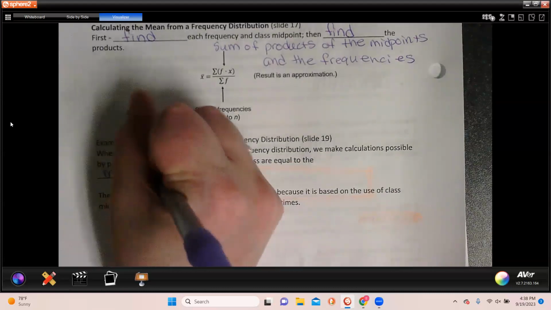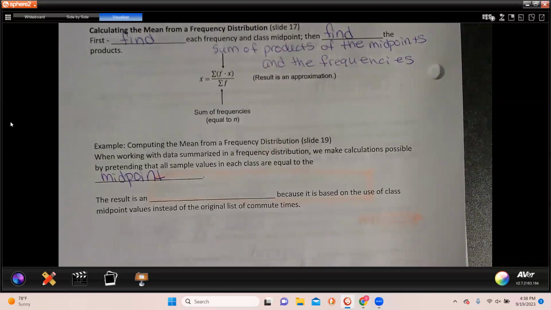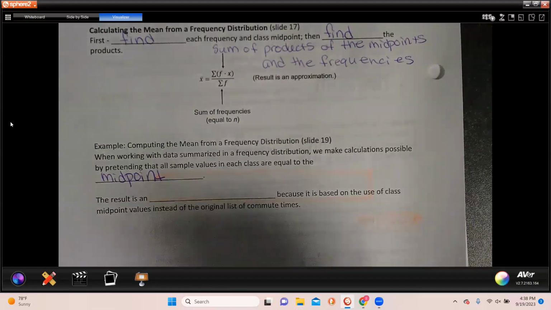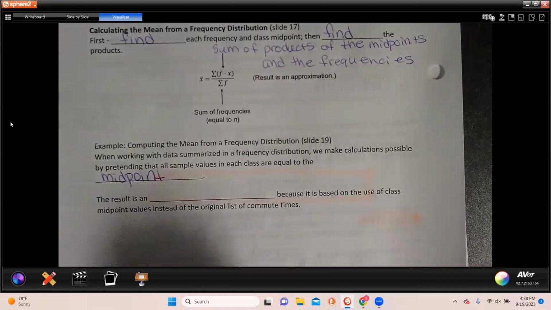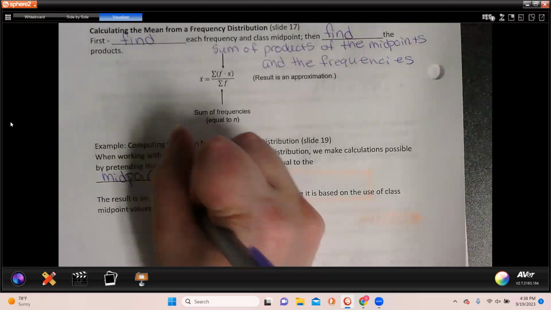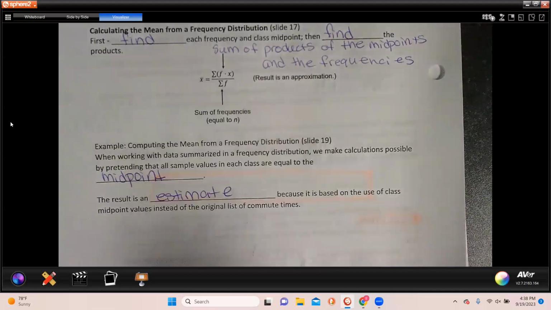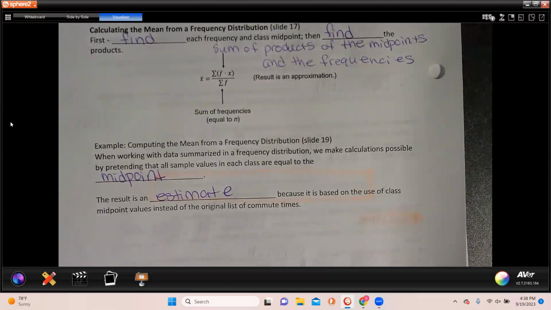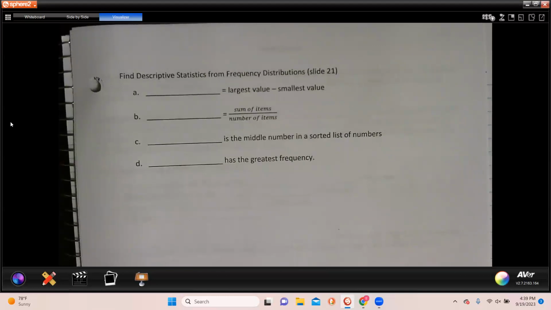Although we are pretending, we will get a good estimate of what the mean should be. The result is an estimate because it is based on us assuming things about the midpoint.